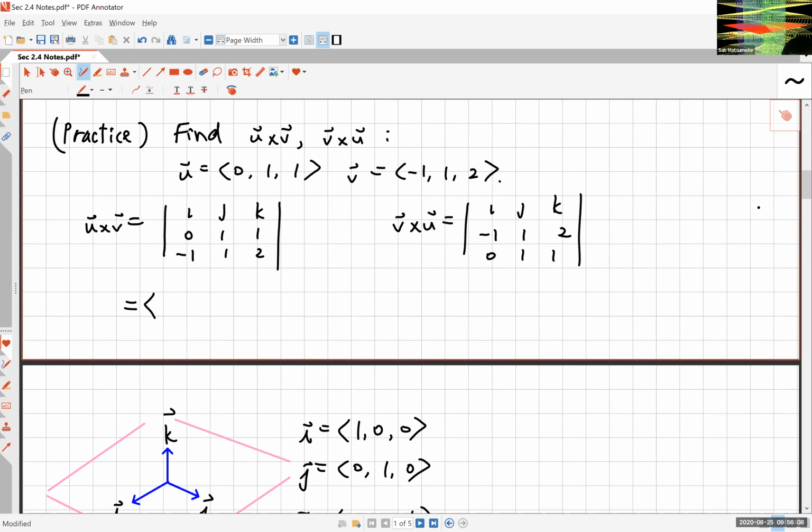All right, let's see. When you do this, I'm not going to write down all the details here, but here you get 2 minus 1, right? And then for the next one, it's negative of 0 minus negative 1, right? Where do you see that? It's 0, 2 times 1 times negative 1. So negative of negative 1.